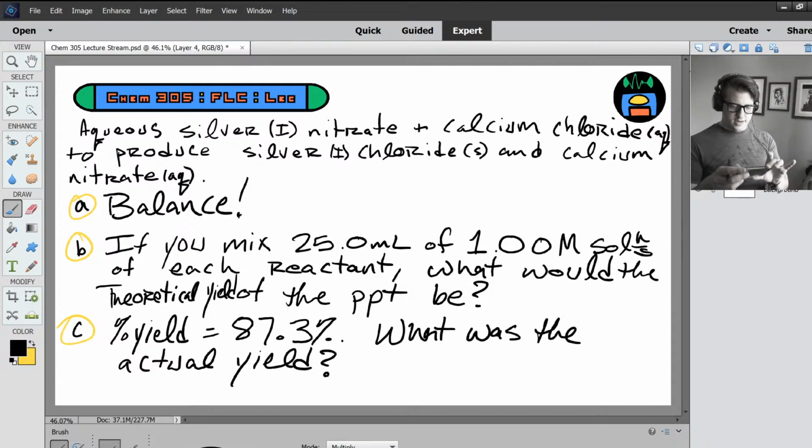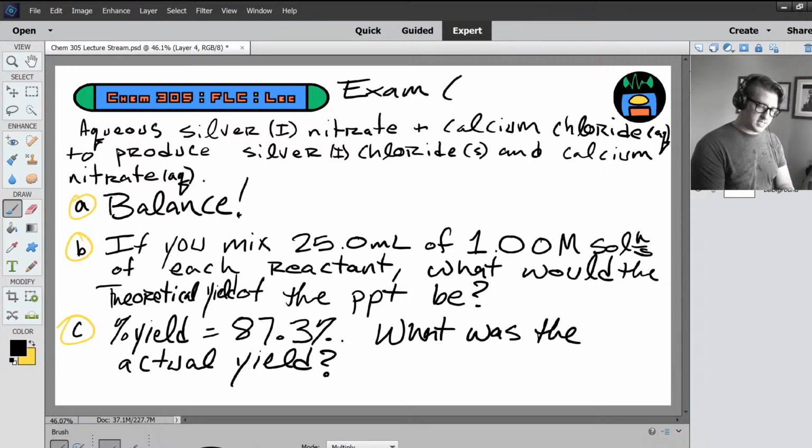Take a crack at it. Maybe we can talk about it in office hours later, but give this a go on your own and see how it goes. Bring it up in office hours if you're struggling. But this problem right here, you should know, is exam caliber.